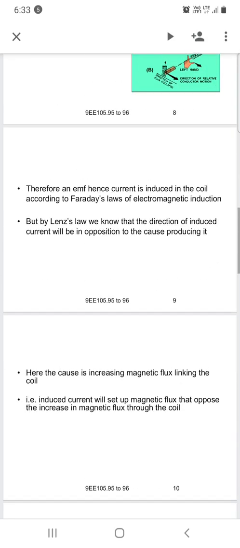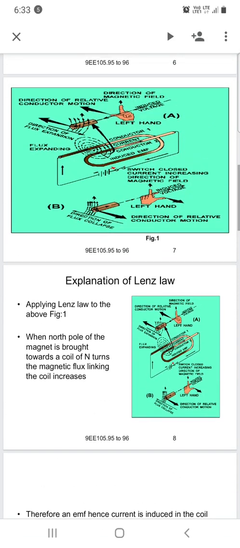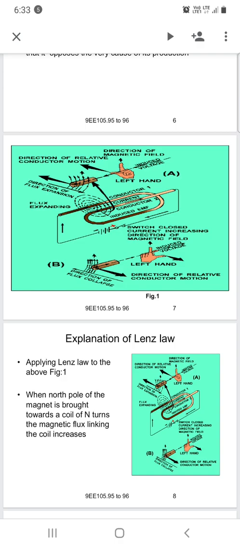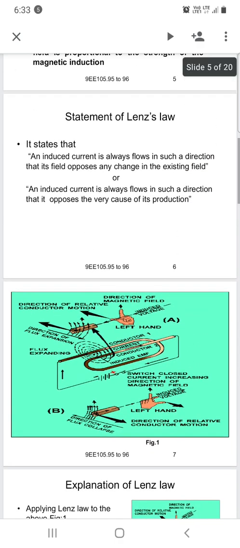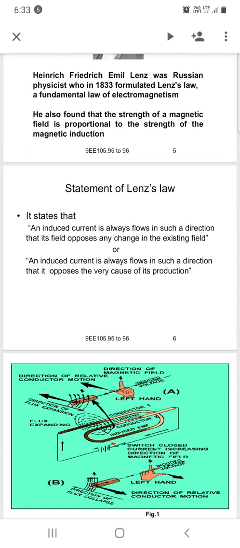Here we discuss Lenz's law and Fleming's right hand rule in today's class. We have to read and prepare, then we will understand easily.